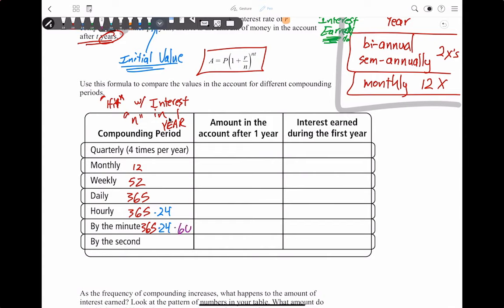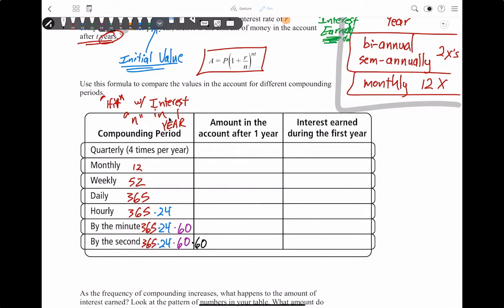There's going to be 60. And then by the second, you're simply going to multiply by 1 more 60. It's just dimensional analysis by looking at how many subunits are in each unit. Like 1 hour has 60 minutes, and at the very end, you have 60 seconds per each minute.